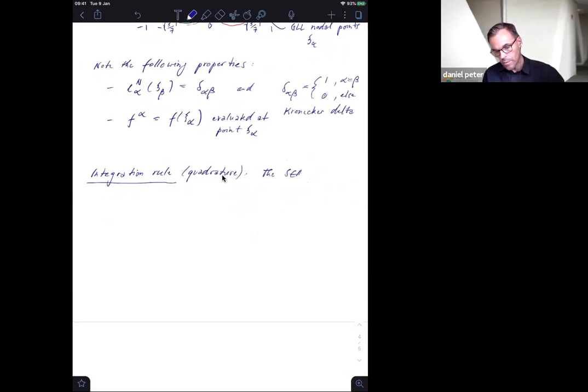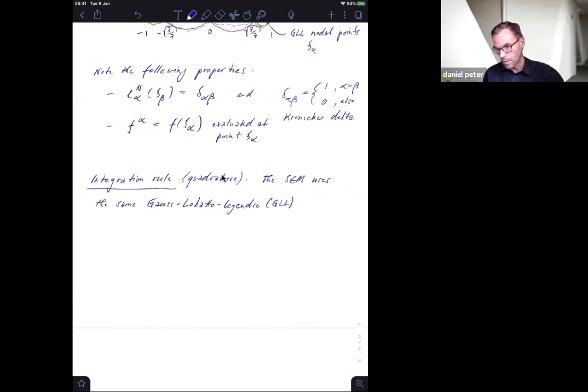So the spectral element method uses the same Gauss-Lobatto-Legendre quadrature rule.